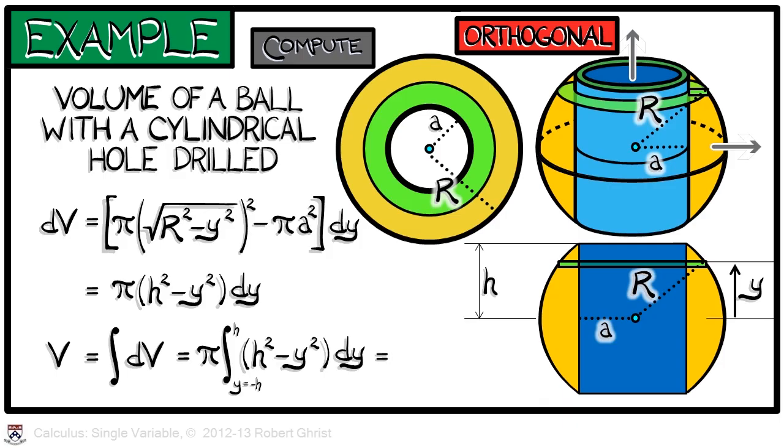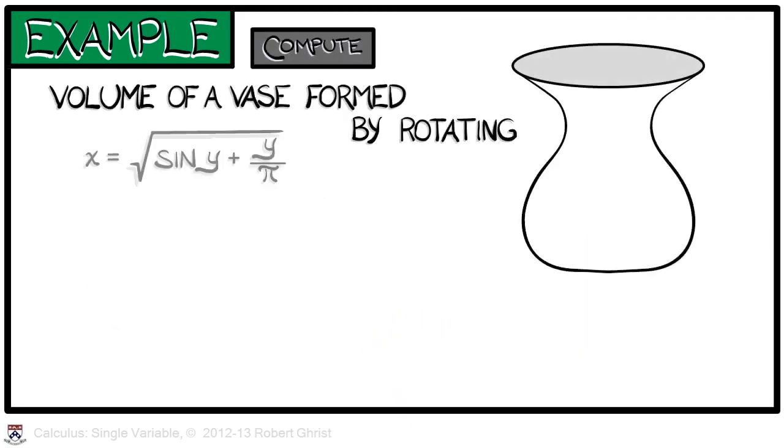This is a simple integral, yielding the same answer as before, 4/3 pi h cubed. Remarkable in that a and r are not explicitly stated. Let's do one last example.